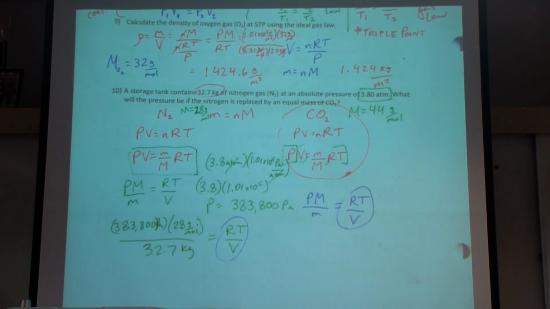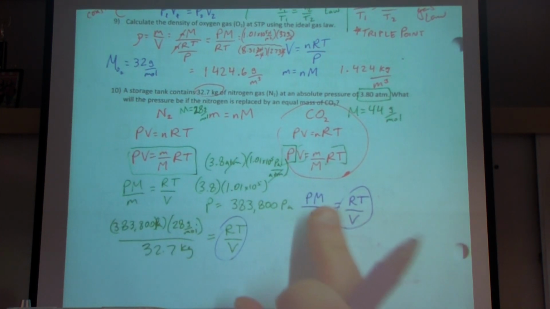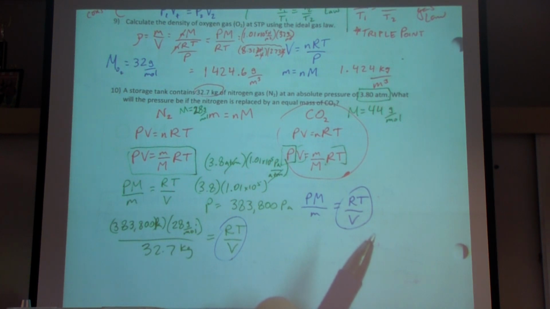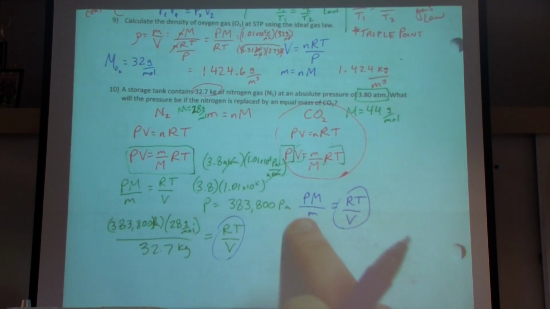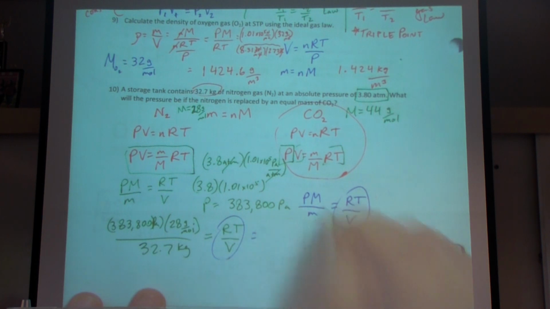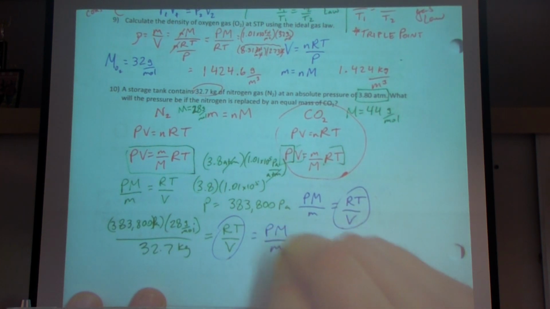Okay? If A equals B, and B equals C, then A equals C. Very good. So all of this is equal to PM over little m.